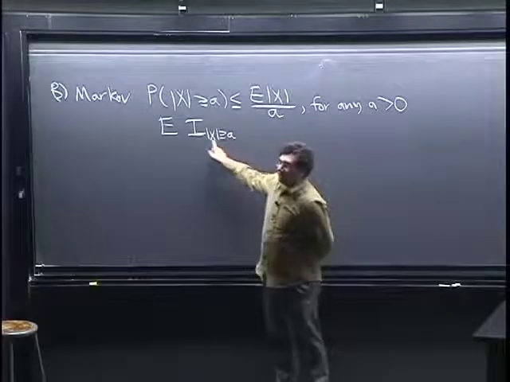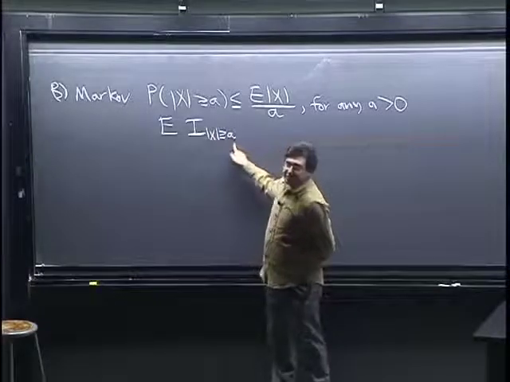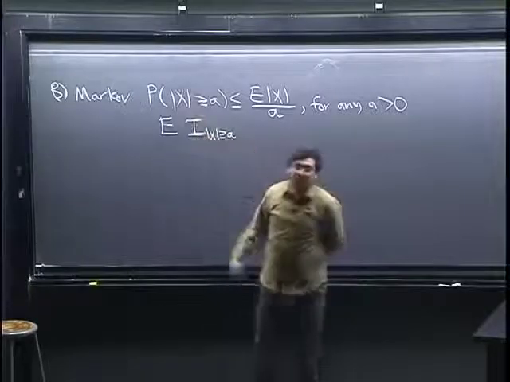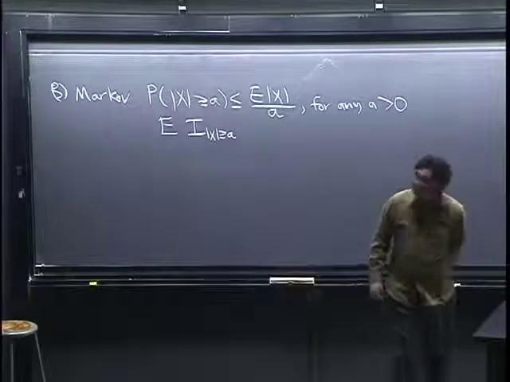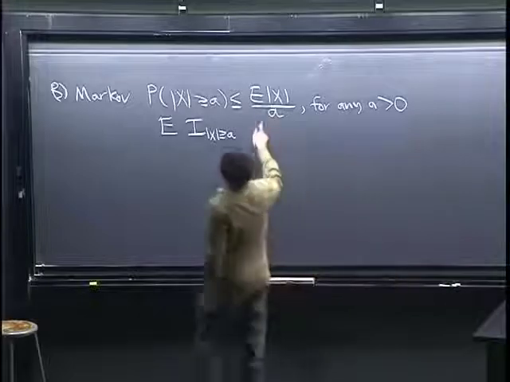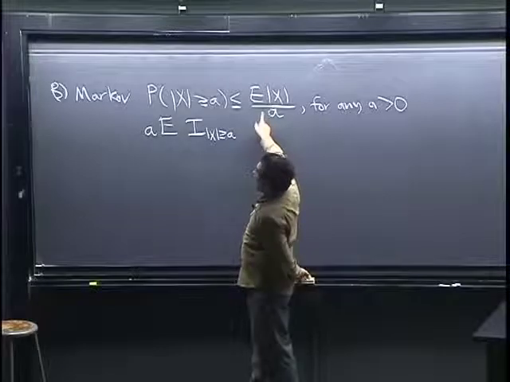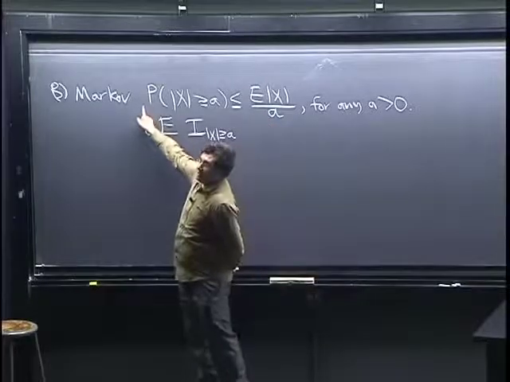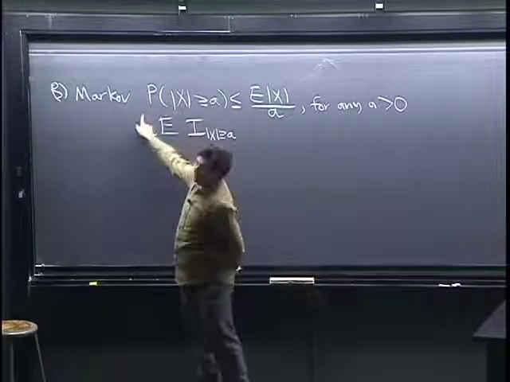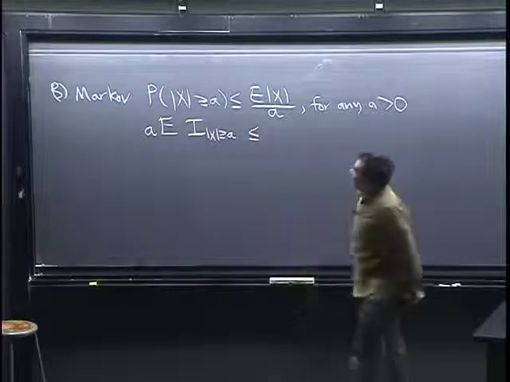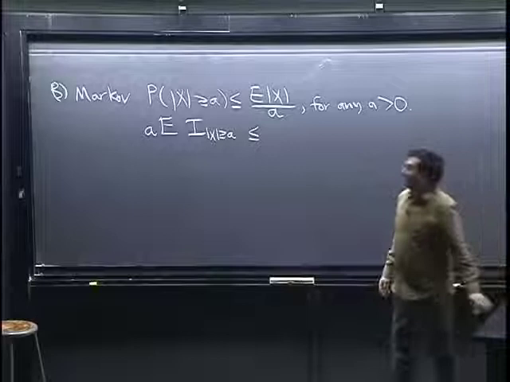That is, I'm just using this as notation for 1 if this event occurs, 0 otherwise. That's the same thing as this, right? Fundamental bridge. And let's multiply by a. I'm just thinking of the same inequality, but with an a on the left. So I'm rewriting the left-hand side, except put the a over there. And then let's see how does this thing compare with the absolute value of x.